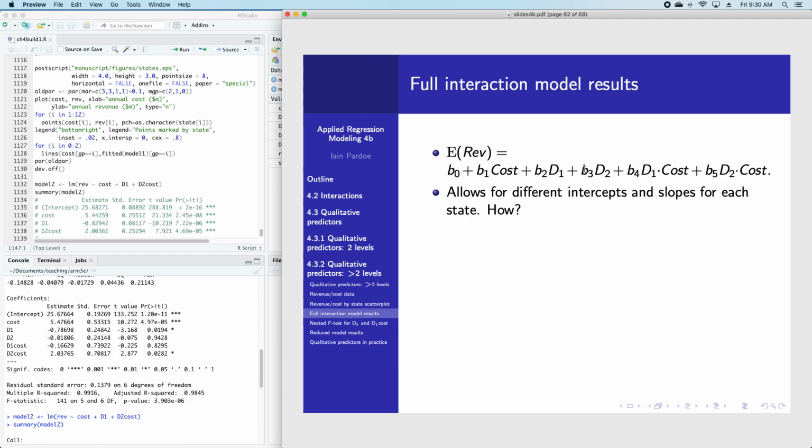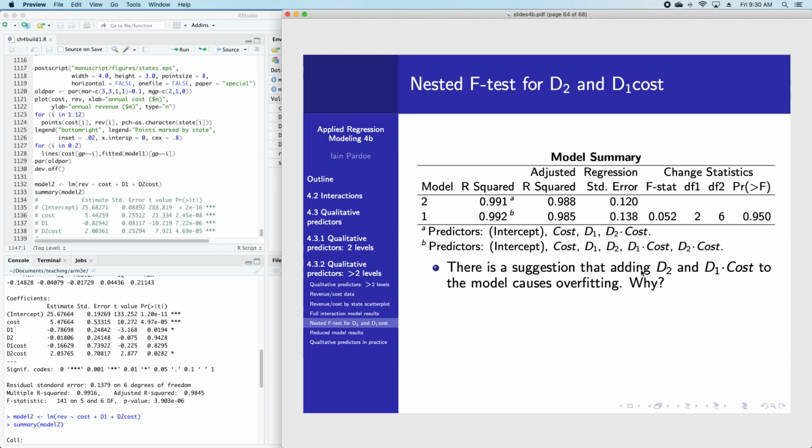So we're testing b3 and b5 both equal to 0 in the null hypothesis. So we can't reject that null hypothesis. So if b3 was 0 and b5 was 0, if they were both 0, then I can drop D2 from the model and D2 cost from the model as long as I retain everything else. Okay, so that's this p-value here that I'm looking at.